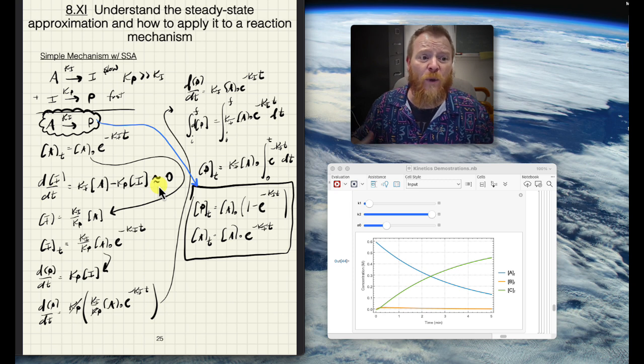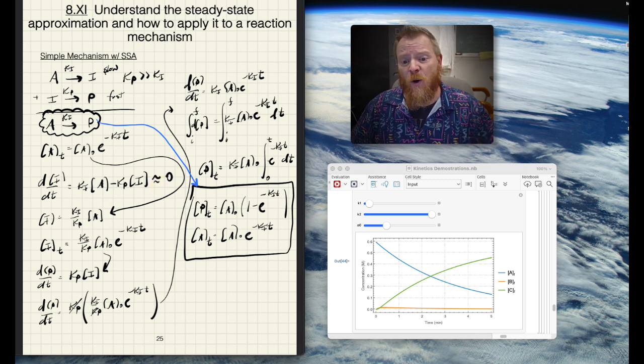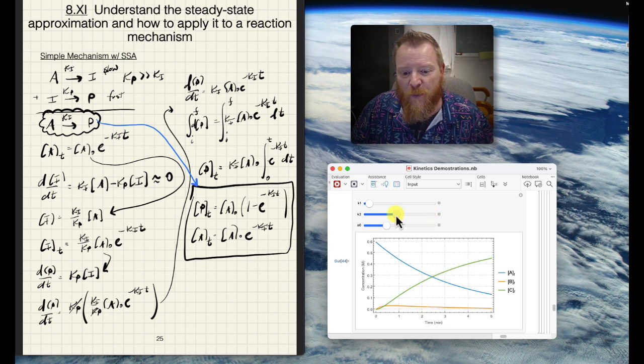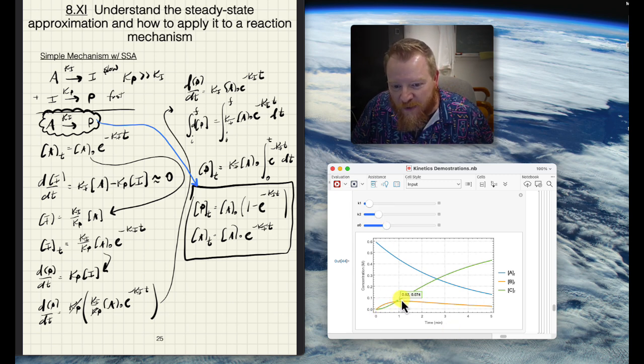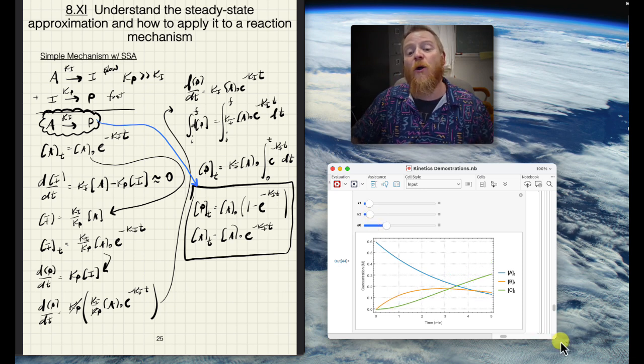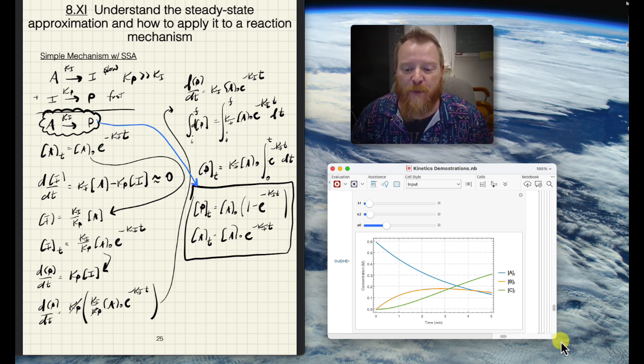So when can we not make the steady state approximation? Well, if I start scrolling down k2 and making k2 approach that of k1, you can see now I've got a complicated rate expression for B. If I make them close enough to each other, I've no longer got this steady state approximation going on.